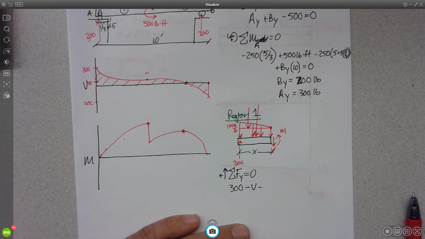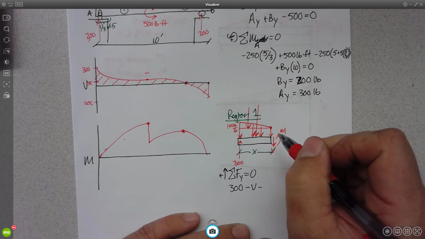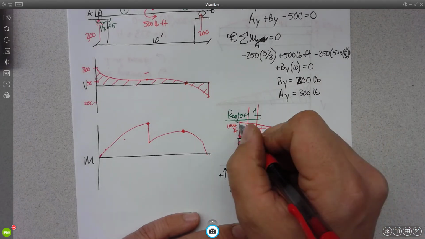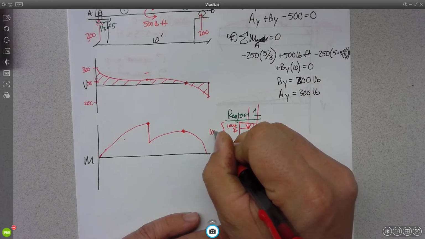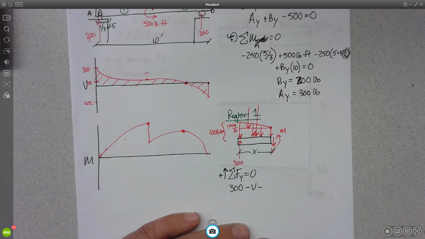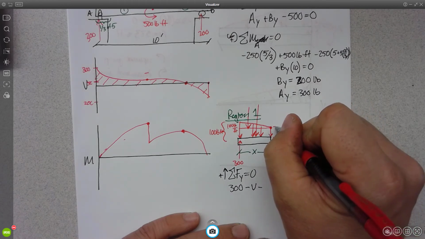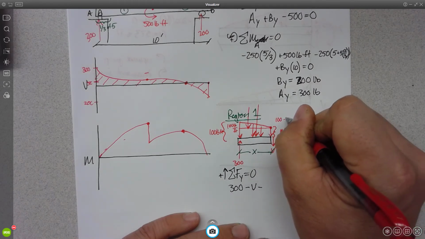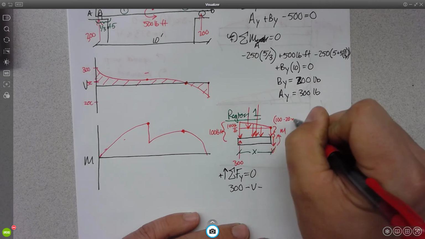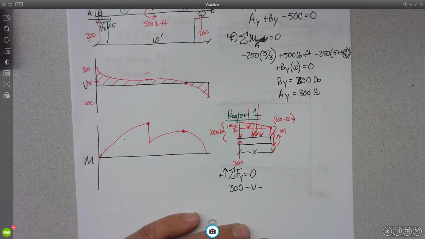We do know that the slope is negative 20. So I'm pretty sure that if this is 100, then this right here is going to be 100 minus 20x.